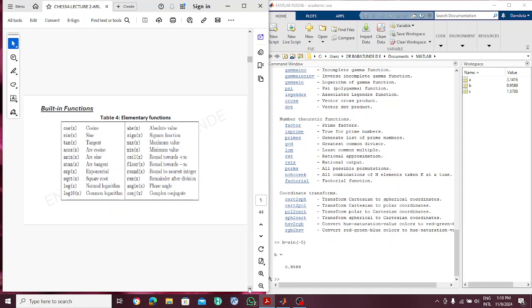And to get the remainder after a division, you can use rem x. For phase angle computation, you can use angle x, and for conjugate computation, you can use conj x. You can find more details on that in the documentation of MATLAB.